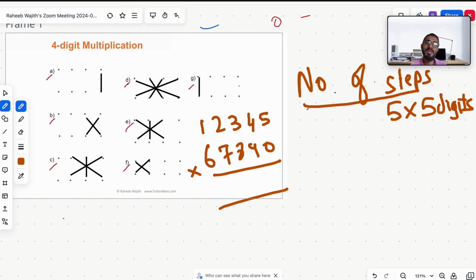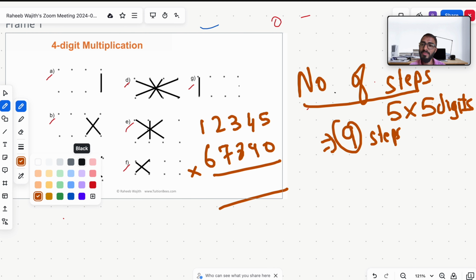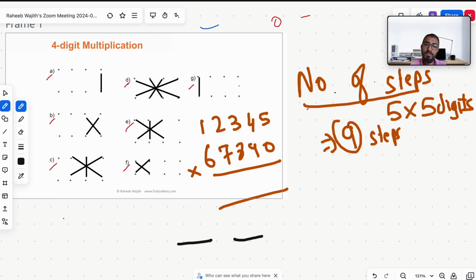When I ask you to multiply something like this one, so the number of steps will be 10 minus 1, which will be what? 9 steps. So we will write it very clearly here. What are the steps? So 1 2 3 4 5 6 7 8 9. Okay, I could also number it.